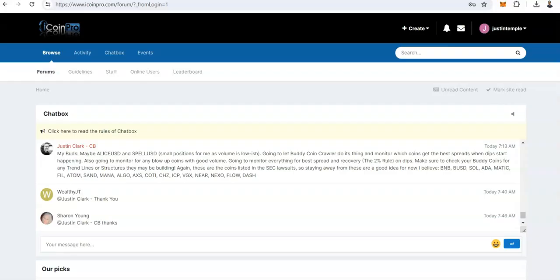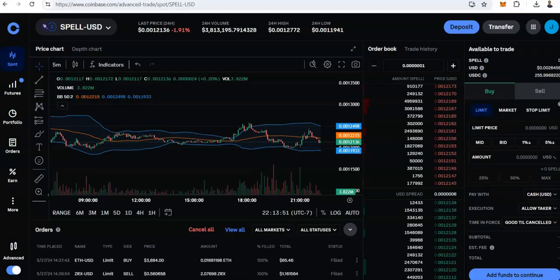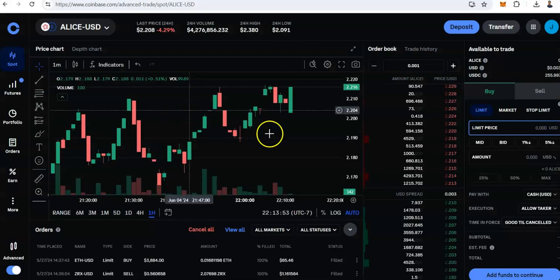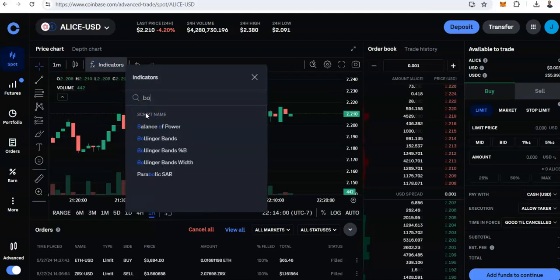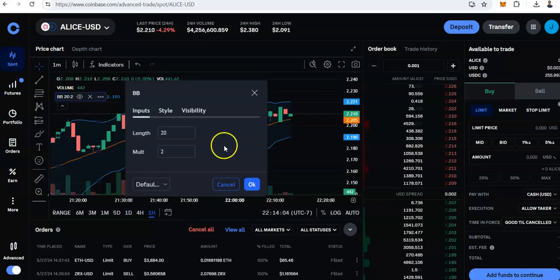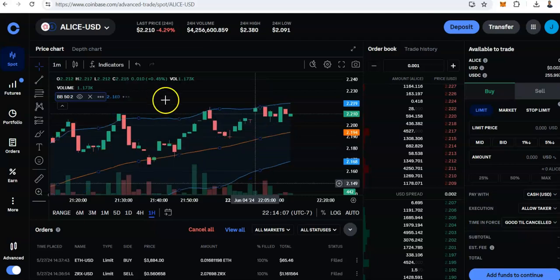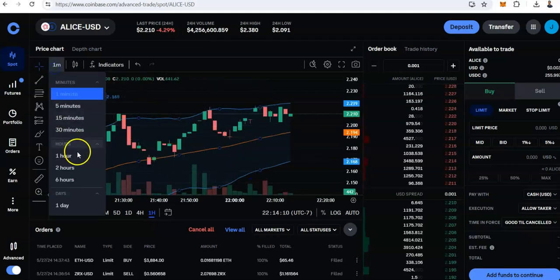And so let's go back here. So we got Alice and then we got spell, right? So here's spell and then here's Alice, right? So let's go ahead, put the Bollinger Bands on Alice right here, double click right here, change this to 50, click OK, and then let's go out on the time frames.